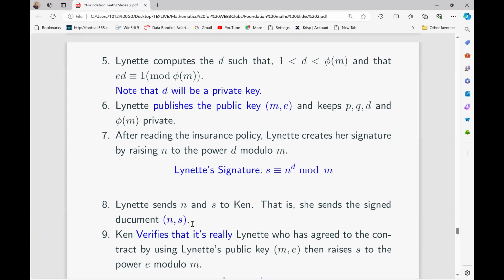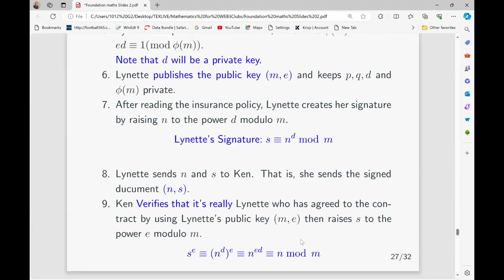Now, how do you verify? Lynette has sent to you this document, which is signed. So for you to verify, you go to Lynette's public key, get E. After getting this E, raise it to this.